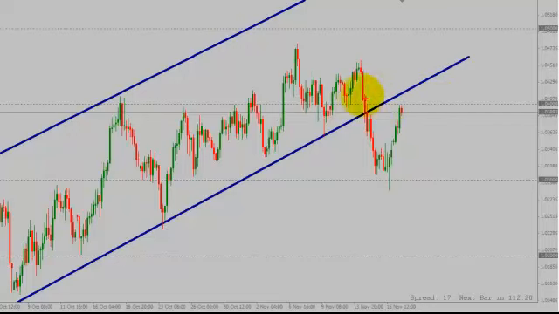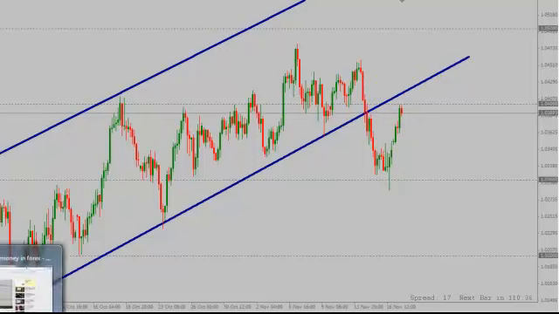And don't forget that at 3 o'clock today we'll be having economic news from the US. I think it's home sales, so we need to be cautious with the way we take our trade. Nevertheless, we need to wait to see the market reaction.